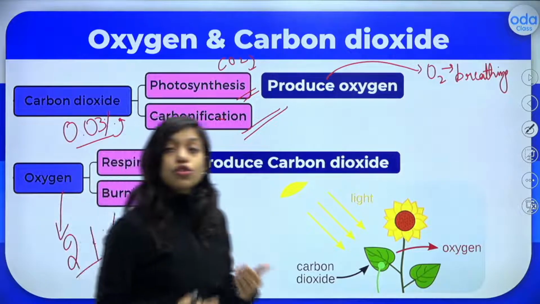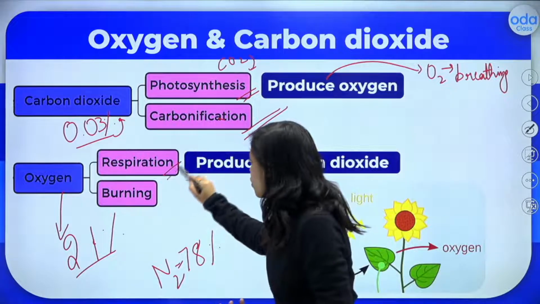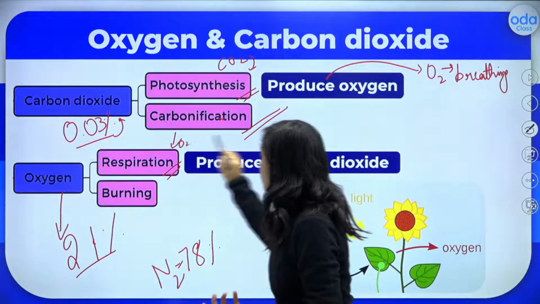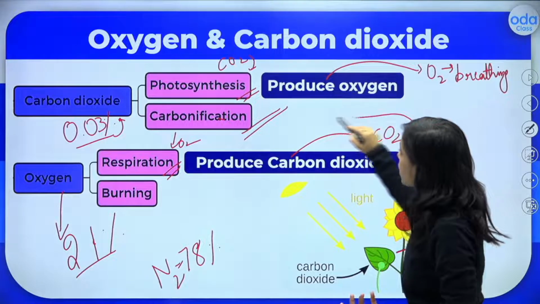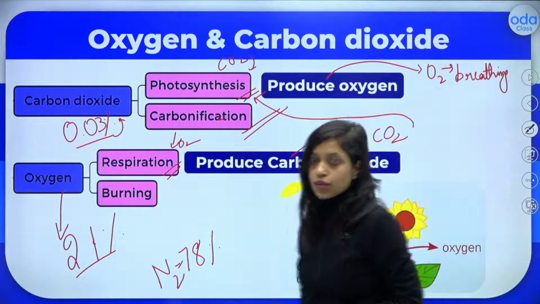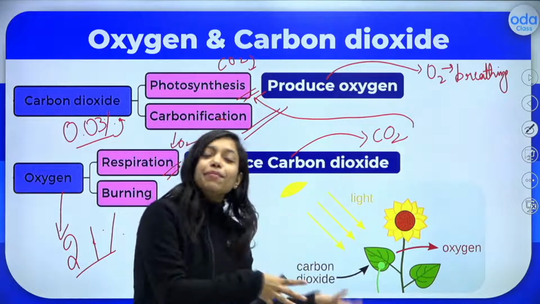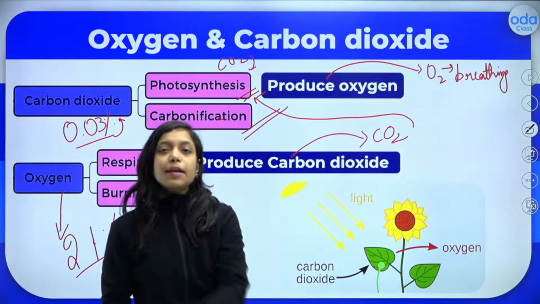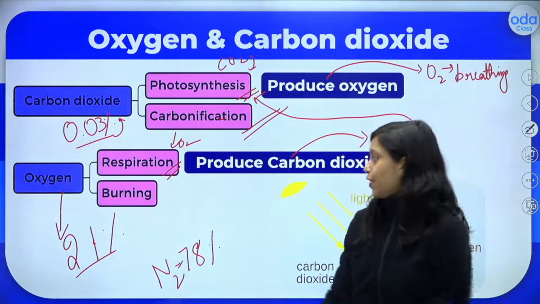And coming to the application of oxygen, yes, we need it for respiration. We take in oxygen and we produce carbon dioxide. This carbon dioxide is again used in photosynthesis, right? So we have a mutual understanding, humans, animals and plants. Plants give us oxygen and we give the plants carbon dioxide, right?